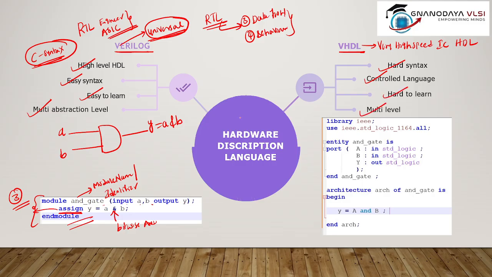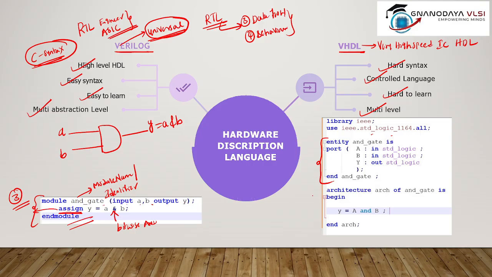You need to use the header library IEEE, use IEEE.std_logic_1164.all. You need to create the entity. In the entity, and_gate is port A in std_logic, B in std_logic, Y out std_logic.